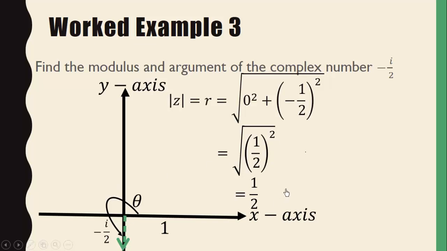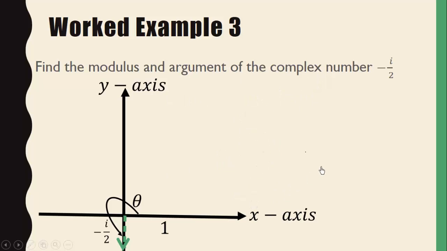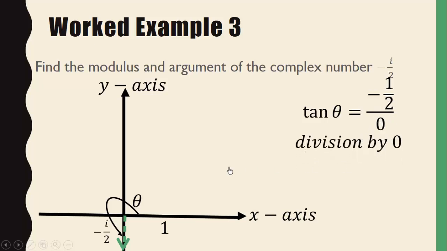Now we need to calculate the argument. Now the argument is given by this. If you want to go by the formula, you see this is not defined because we have a division by 0 over here. Now we know that this over here is 270 degrees, or 3 pi on 2.